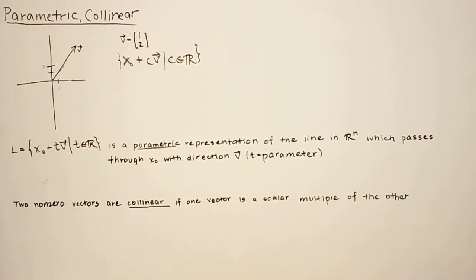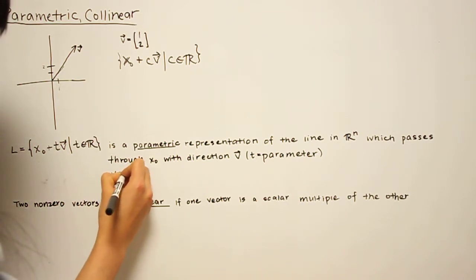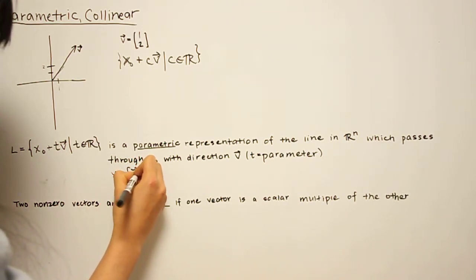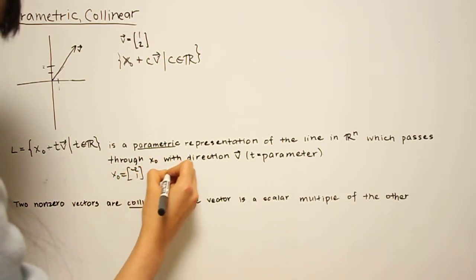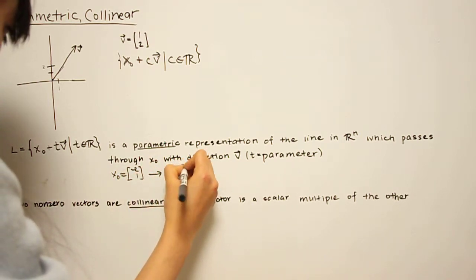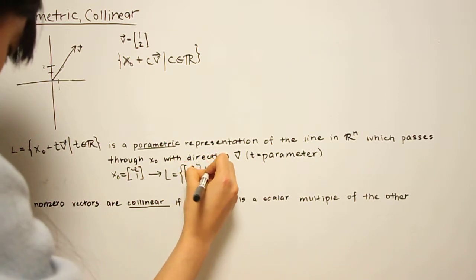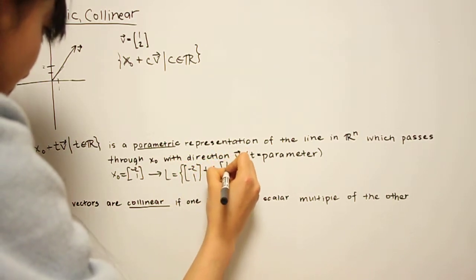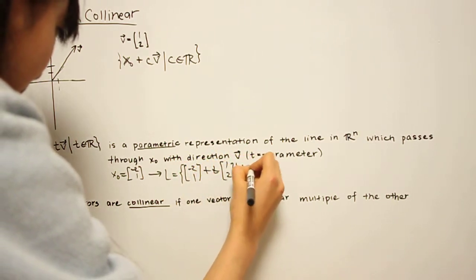So for instance, in the example above, if we have x0 as the vector (-2, 1), then L is the set (-2, 1) plus t times (1, 2), where t is a scalar.